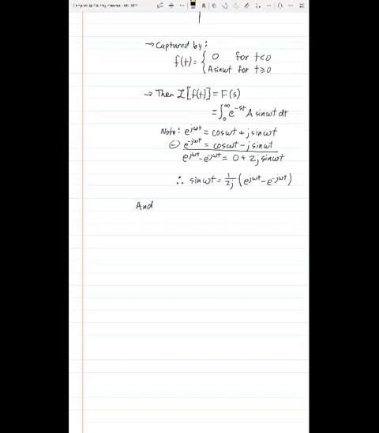So going ahead and substituting that in, we have the integral from 0 to infinity of e to the negative st times a sine omega t dt, just to kind of lead this whole thing off.